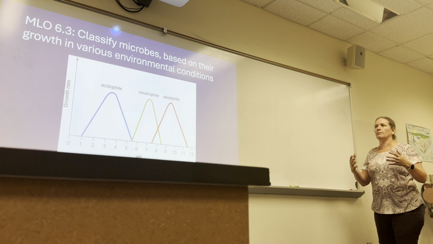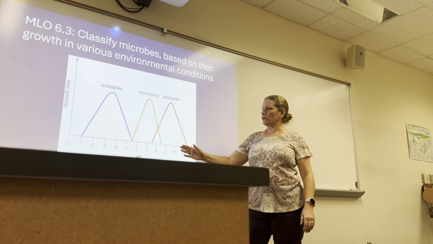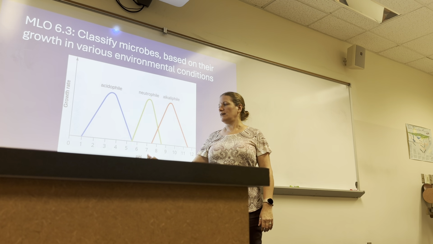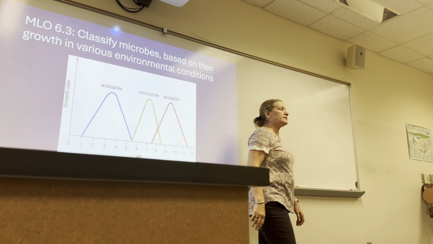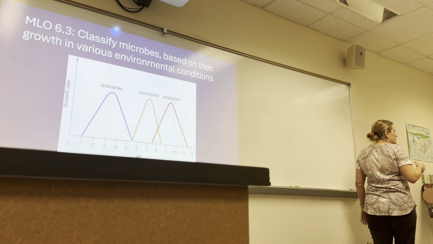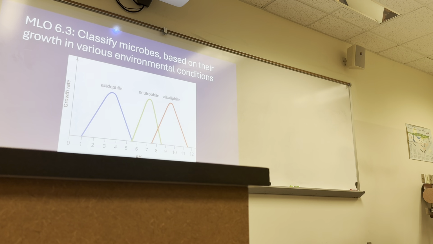Most of the body environments are in this range here, between 6 and 8. Right, the stomach, yes, okay, but the organism doesn't necessarily have to be an acidophile to tolerate that level of pH. It could be a neutrophile that just grows slower in that particular environment.